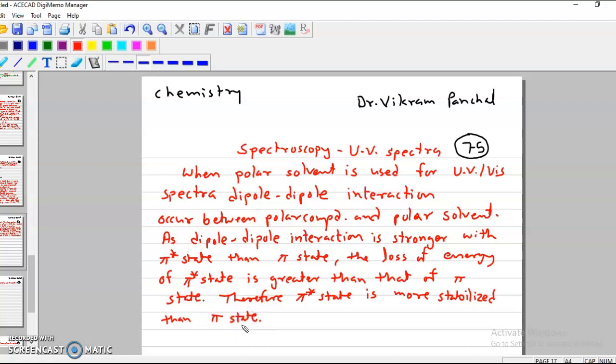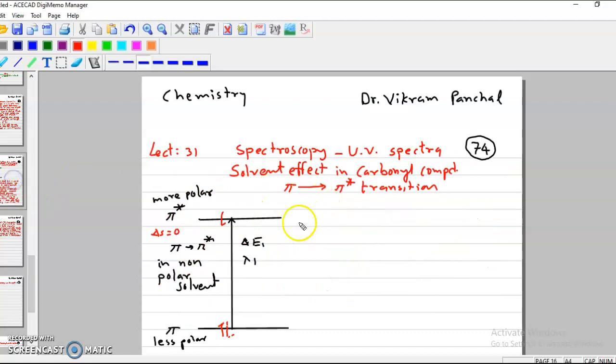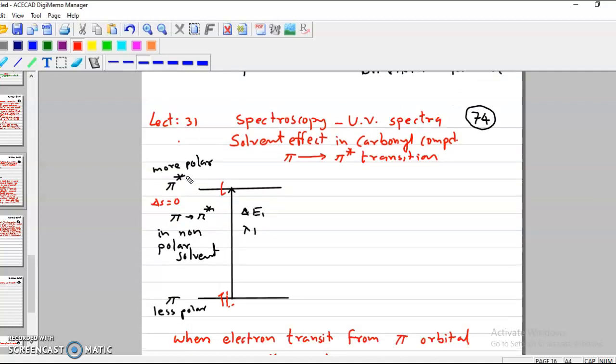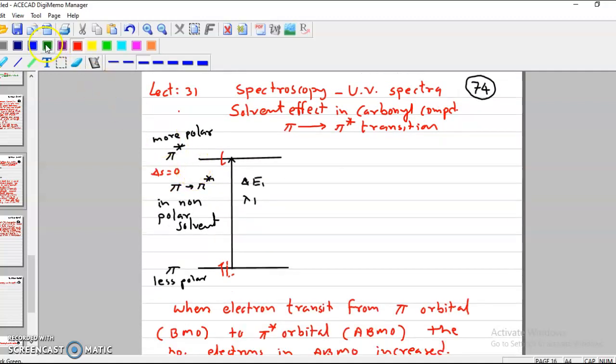We will see this in the earlier figure here. This is the pi star state and this one is the pi state. Of course, there will be a change in both the states. The pi state will be reduced because of dipole-dipole interaction, and a new state forms, which is a pi state having less energy, but this is a little bit less reduction.